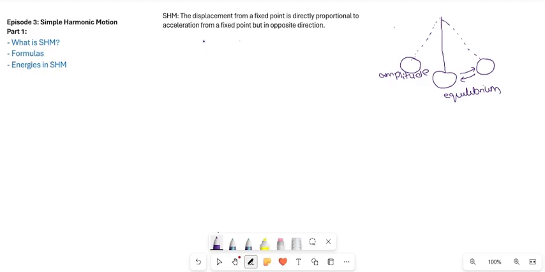So there's amplitude here as well, because it had reached its maximum. Now when it's not in equilibrium, we have to see what happens to its displacement, we have to see what happens to its acceleration, and we have to see what happens to its velocity, kinetic energy, gravitational potential energy, all of that.